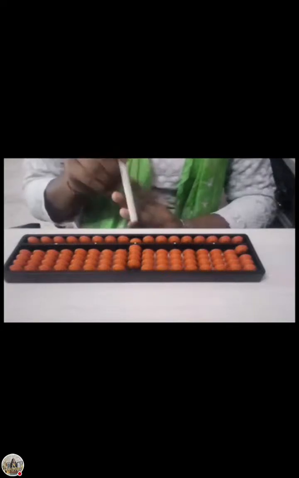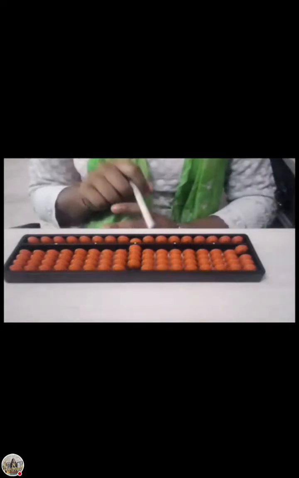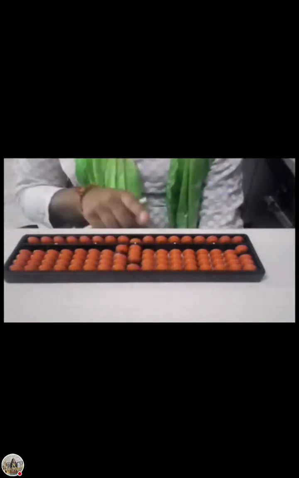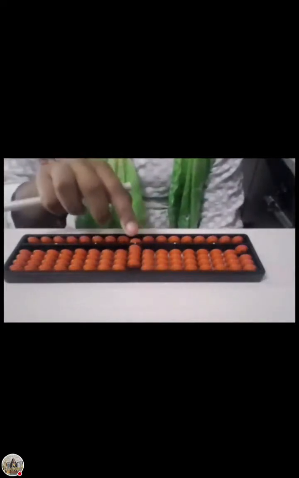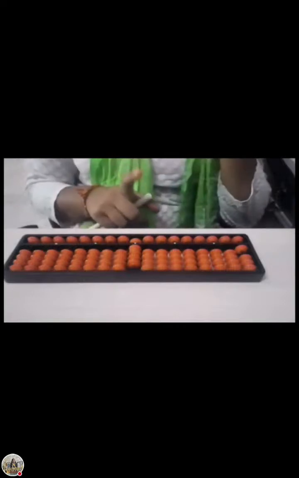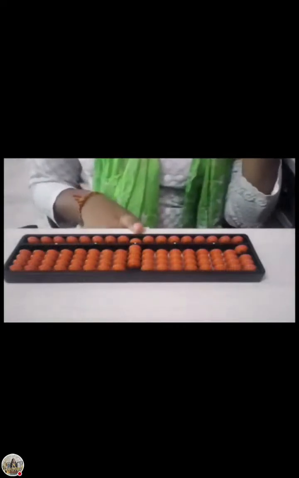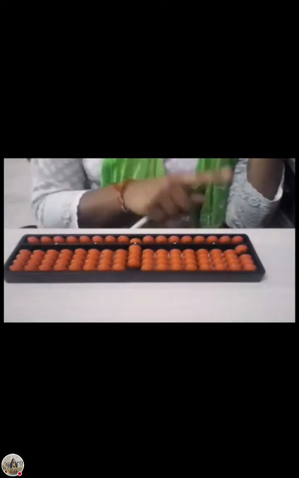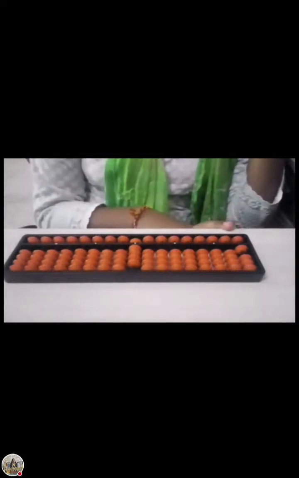Here it is a little bit difficult, so you have to focus. I'll explain once again from the beginning: we took the help of 10 here and then we subtracted 9. Now I have to take the answer out because I don't have any bead to return the favor, but I have to know, because here I am marked that I have to return the favor.